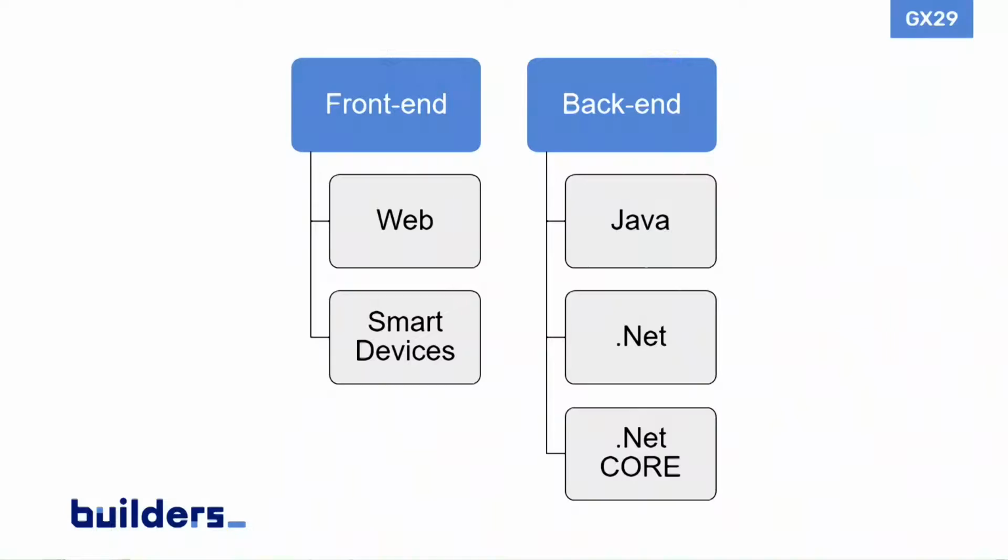On the other hand, and it's here on the screen under front end, the web is a generator. On the one hand, we have the generator for smart devices, which I have included among the front-end generators because front-end smart devices is doing exactly the same thing for the front end.